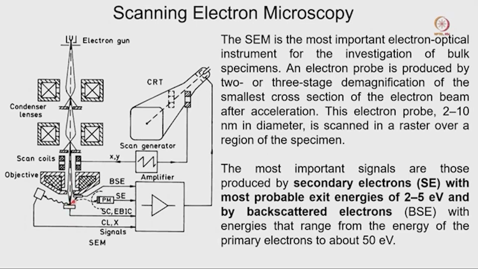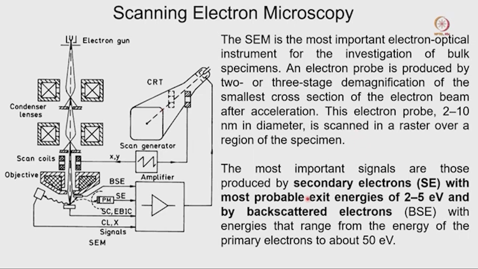So, the sample will emit backscattered electrons or secondary electrons. Here we are just recording these backscattered and secondary electrons using an amplifier, generating a signal, recording it and visualizing those images.